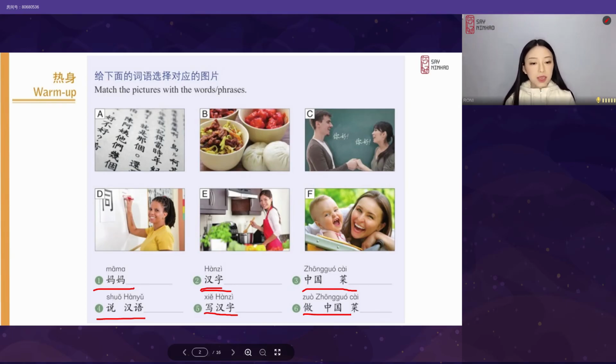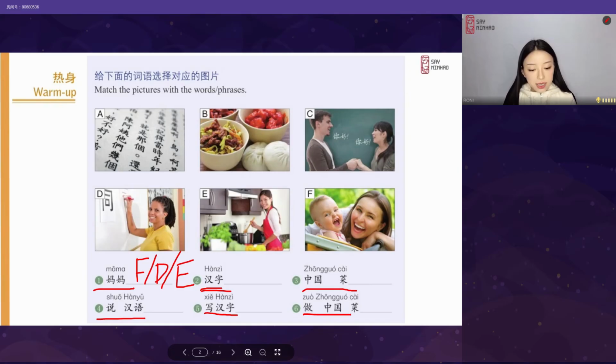Which one can be mama? I think the most obvious one is F, right? And I think D and E can be mama too. Maybe, right? And let's see, 汉字.